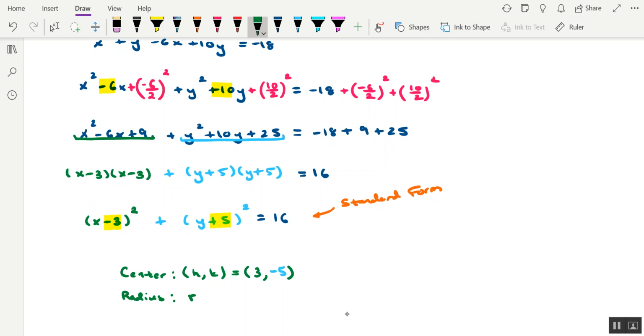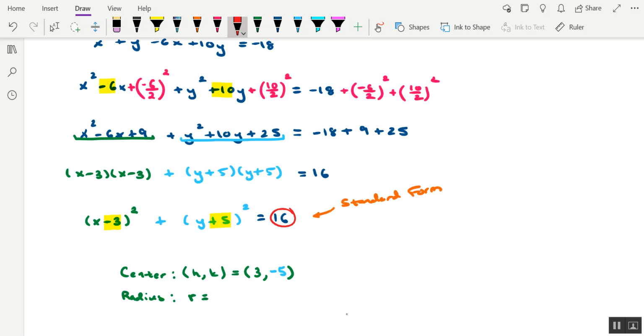As for the radius, we want to take a look at the number on the right-hand side, the 16. When this number does not have a power of 2 on it, it means that something has already been squared to achieve its value. So in other words, this 16 is the result of simplification of r squared with a particular value of r.